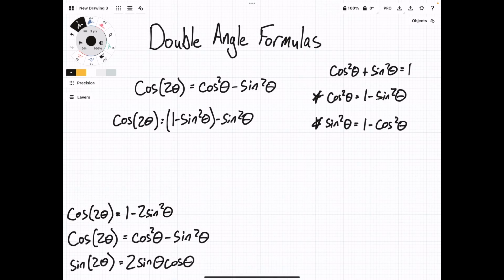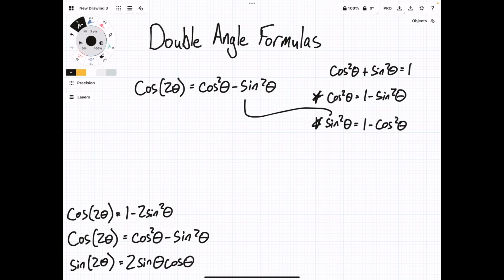Now we're going to start over. This time we're going to plug in sine squared. So this becomes cosine of 2 theta equals cosine squared theta minus, put this all in parentheses, 1 minus cosine squared theta.